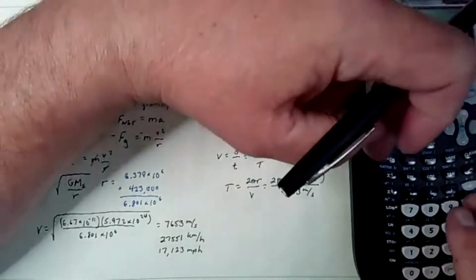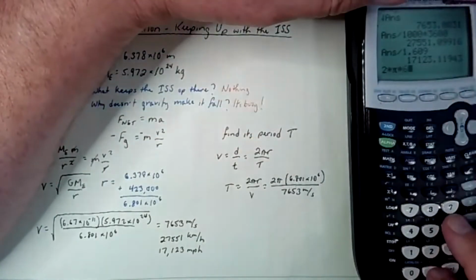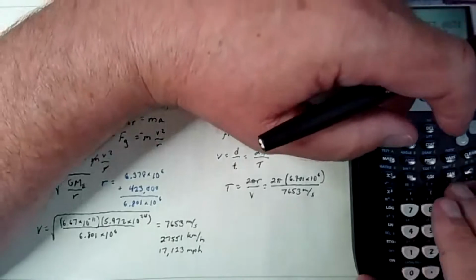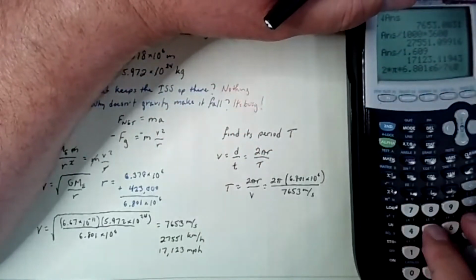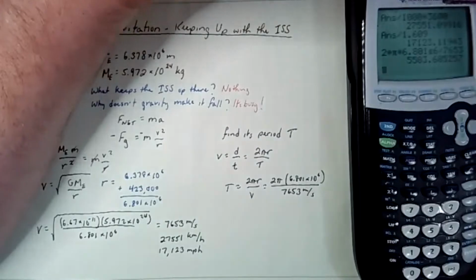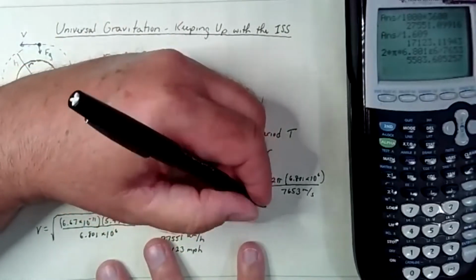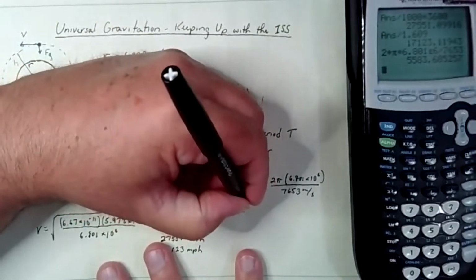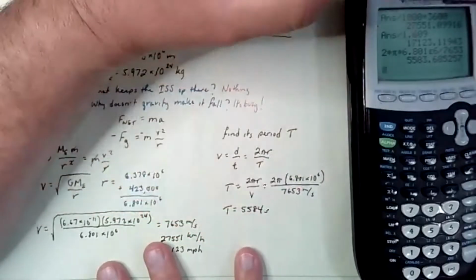So 2 times pi times 6.801 E6 divided by 7653. And that's in seconds because we are using SI units. I'm going to round that off to 5,584 seconds. So that looks pretty good.